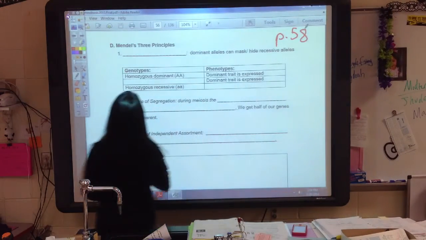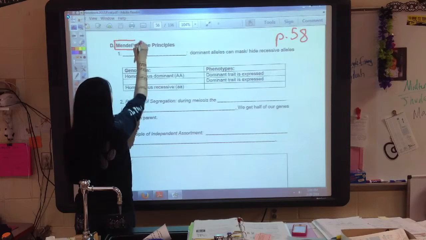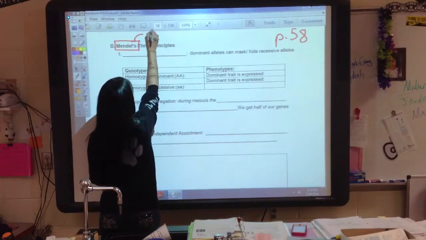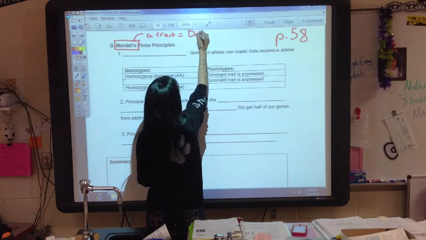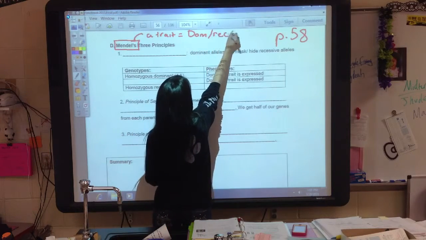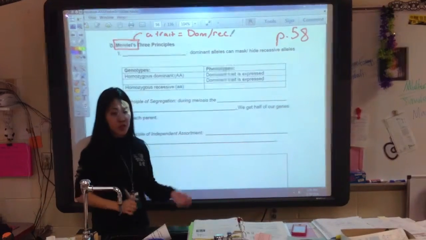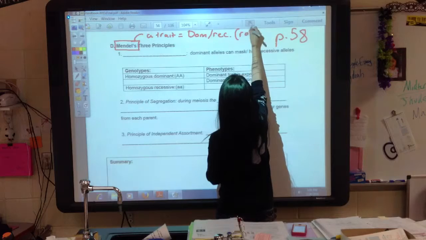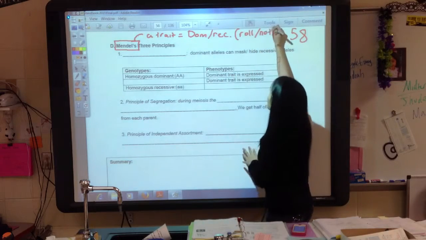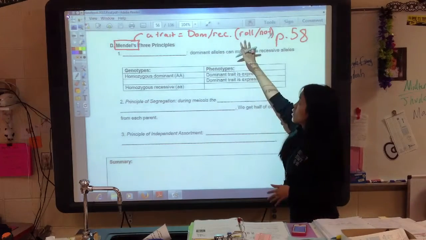Mendel basically said that you can have a trait that is dominant or recessive. And that's it. That's your only option. You either have it or you don't have it. For example, tongue rolling or not tongue rolling. Okay? Rolling was dominant.